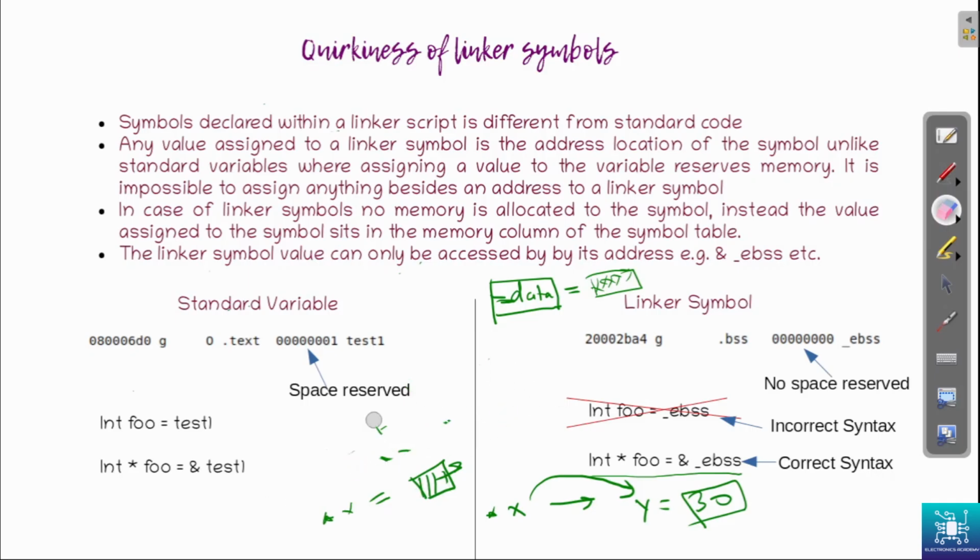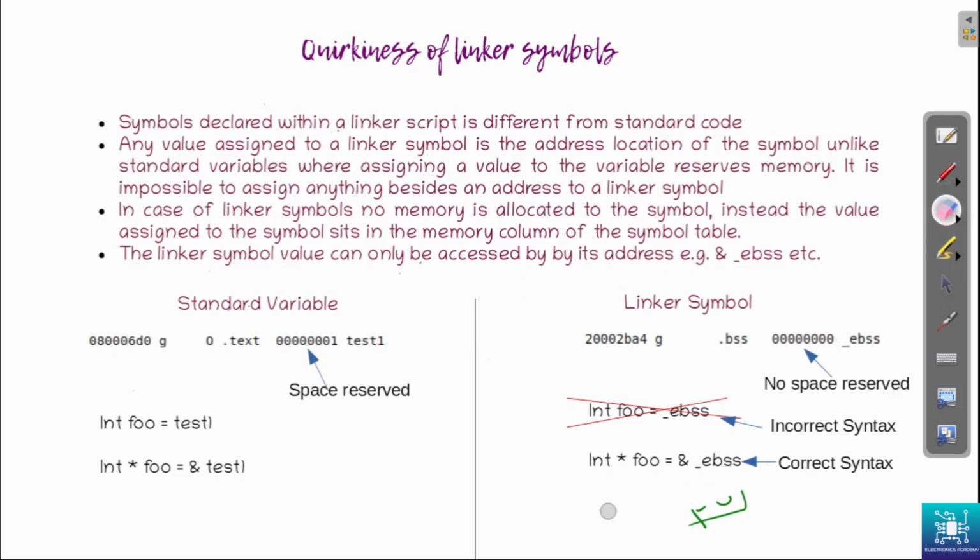So that is the reason why, when you are dereferencing this variable in C, you just cannot do this. That is, you cannot do int foo equal to underscore EBSS. This is incorrect syntax. This is the correct syntax: int star foo. When you are dereferencing this variable, you have to give it the full pointer treatment. So this is how you dereference the particular variable.